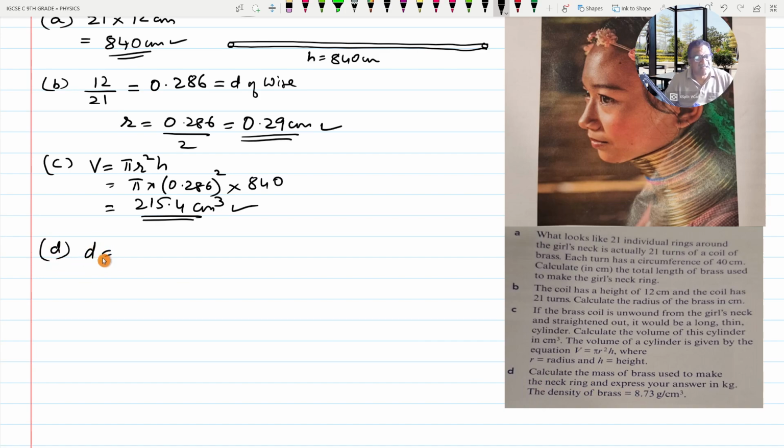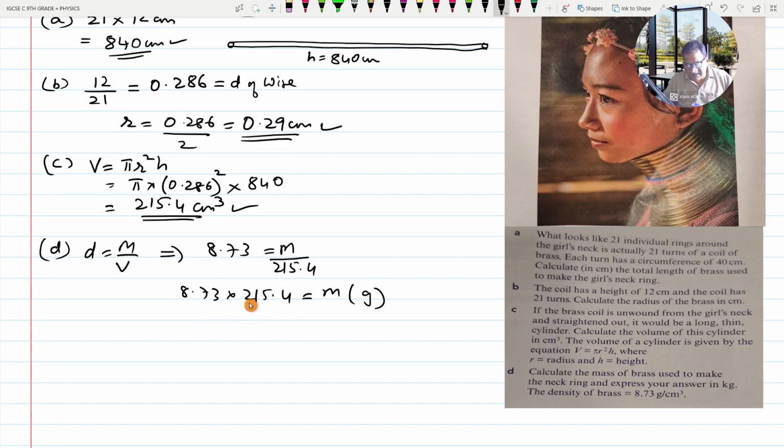We know density is equal to mass upon volume, right? And the density is given over here. It is 8.73. That will be equal to the mass that you have to find out, upon the volume, which you can take as the one that we got in the C part. So 8.73 into 215.4 should give you the mass in grams.